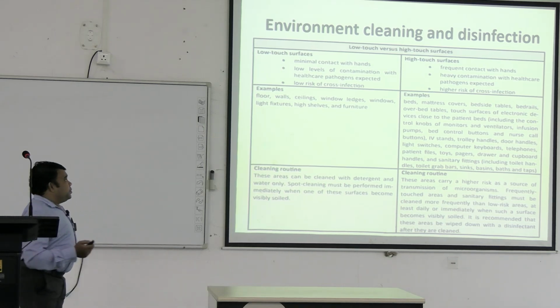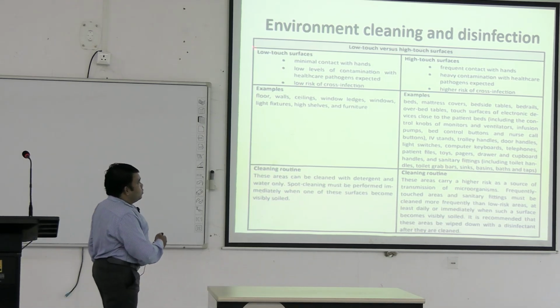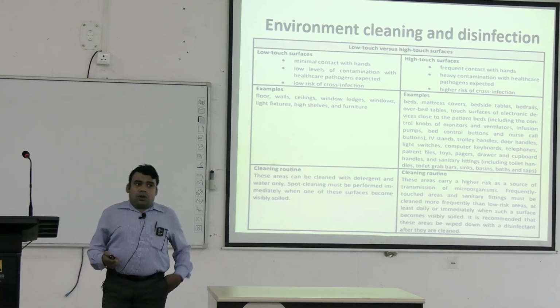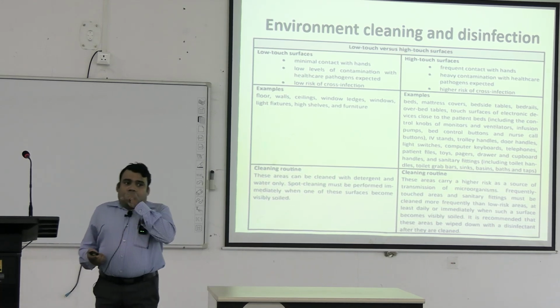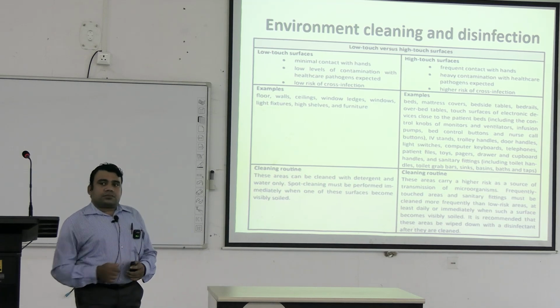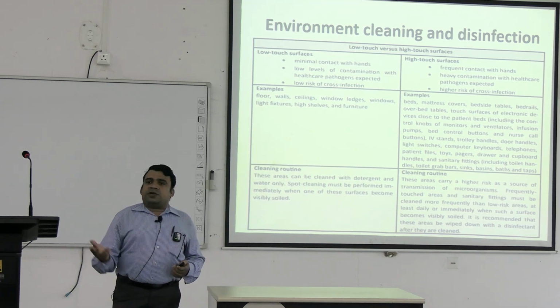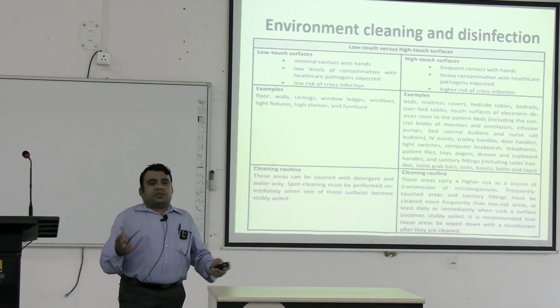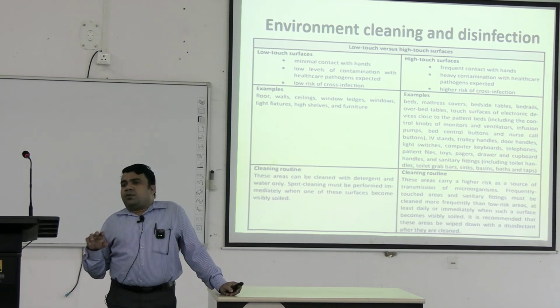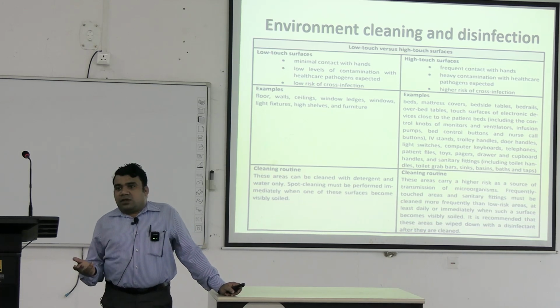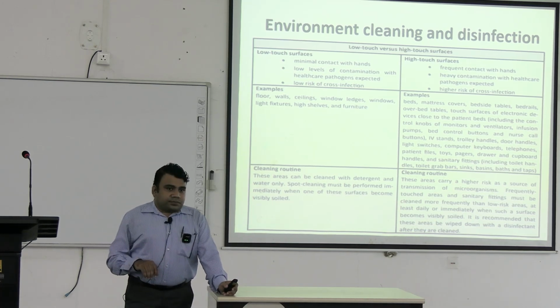Now, another important aspect you should understand is what is known as low touch surface and high touch surface. Whenever you enter, suppose, into the ward, there will be some areas which come in human contact more frequently than other things. For example, the bed railings.